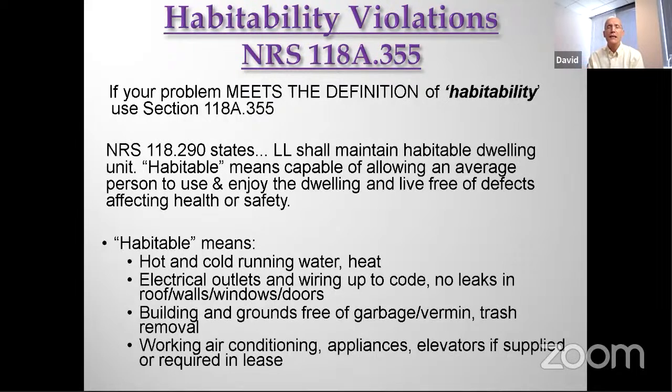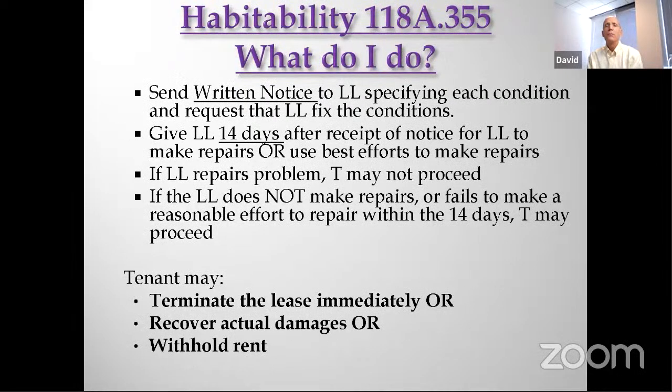People want to get the landlord to do something. The way you get the landlord to do something is by withholding rent. 118A.355 contains the procedure for withholding rent. First of all, you have to have a habitability issue. You need to notify the landlord of that issue by sending written notice and asking the landlord to fix the problem.